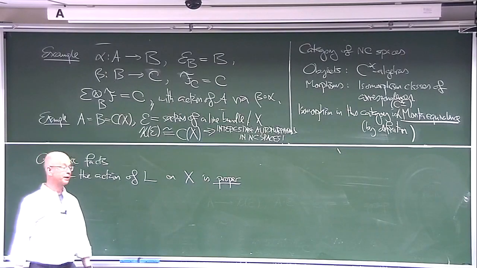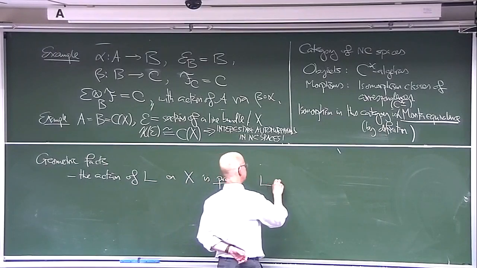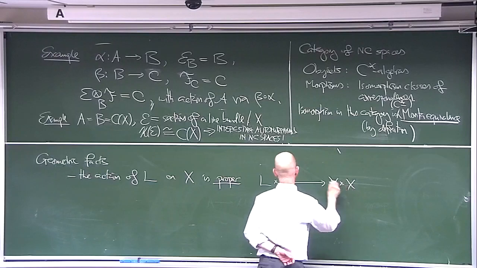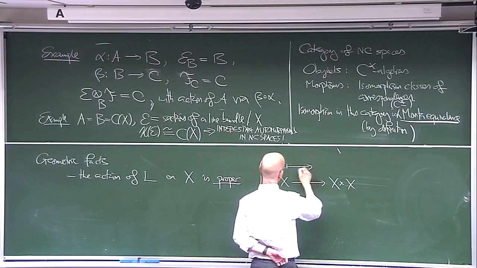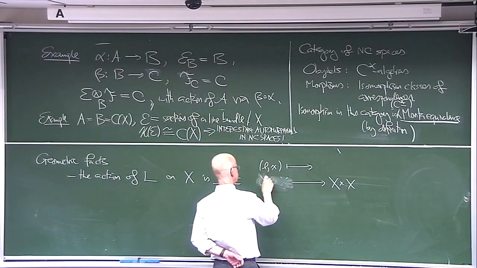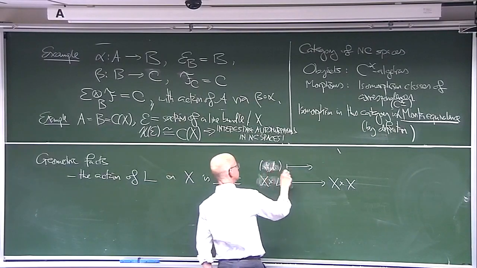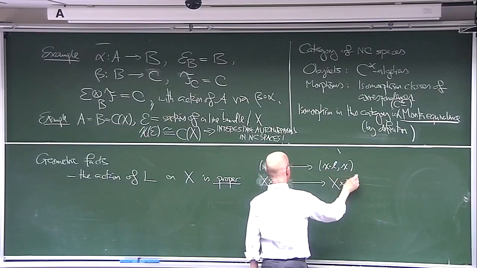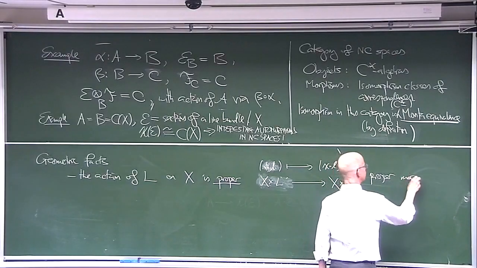So dynamically speaking, it's a completely elementary action. So what this means is that if I look at the map from L times X to X times X, which sends L and an X to, well, I guess it's a right action. Maybe I should have written it the other way. Let's do it this way. This is a proper map of spaces, the inverse image of a compact set is compact.